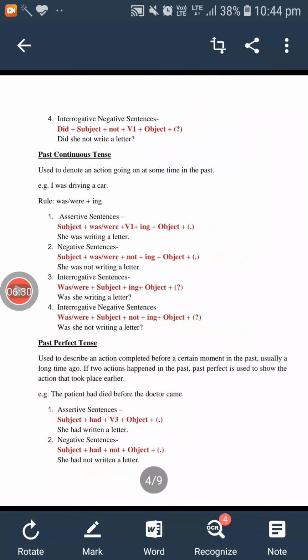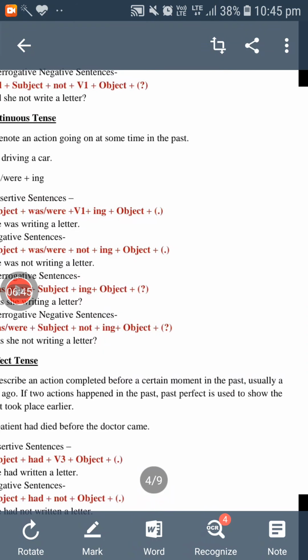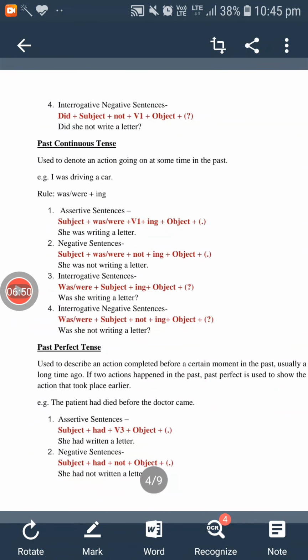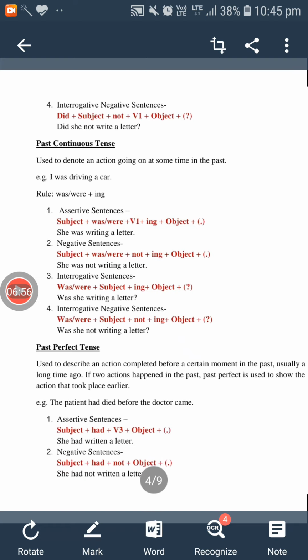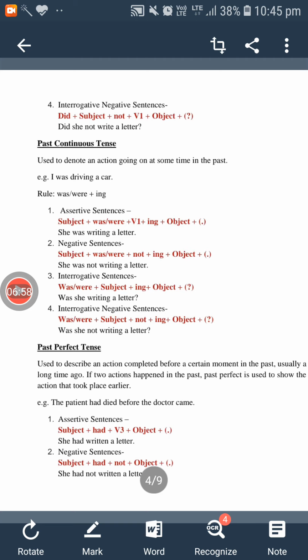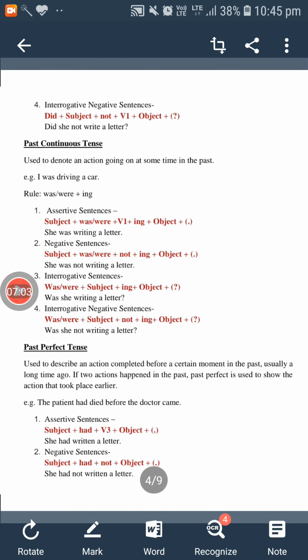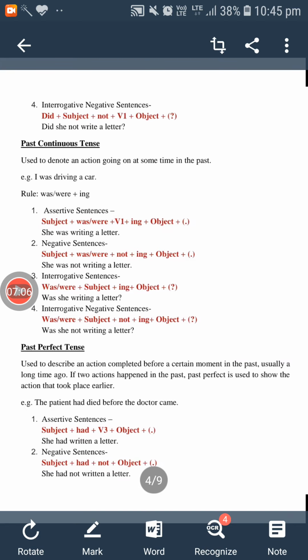Coming to past perfect tense, it is used to describe an action completed before a certain moment in the past, usually a long time ago. If two actions happened in the past, past perfect is used to show the earlier action. For example: the patient had died before the doctor came. Here we have two actions, and to denote the first, we use past perfect tense.